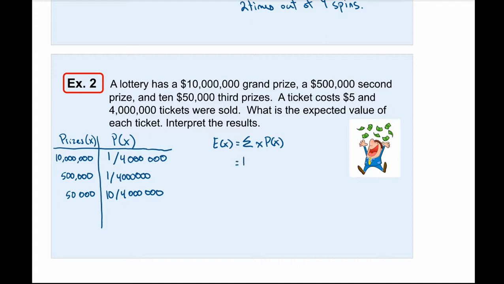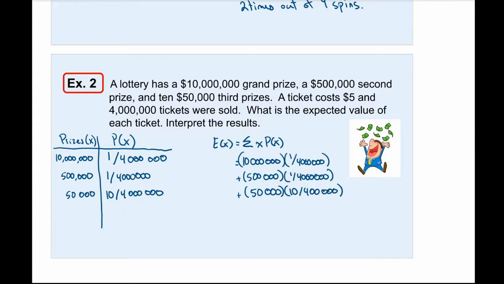In the first one, we have 10 million, which is outcome number 1, multiplied by the probability that it occurs, 1 out of 4 million. Plus outcome number 2, which is 500,000, multiplied by its probability, 1 out of 4 million. And lastly, plus the third outcome, 50,000, multiplied by its probability, 10 over 4 million. Make sure I got all my zeros there.